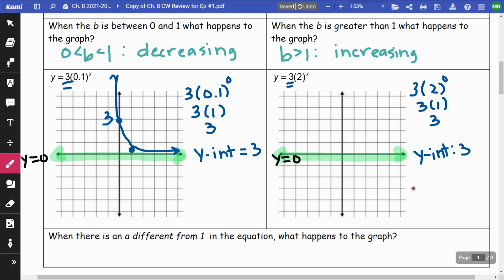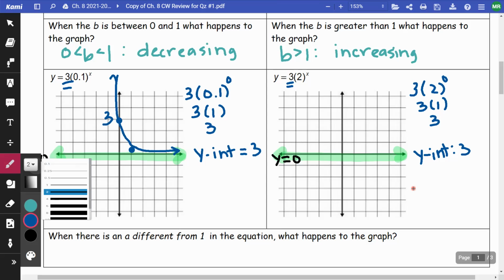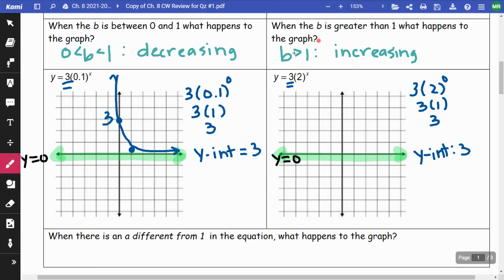On my second graph down here, this one also has a y-intercept of 3 because that is my a. So I'm going to go up 1, 2, 3. Now what's going to happen is I'm timesing by 2. So if this is up at 3, the next one's going to be twice as high, which is going to be 6. Let's just approximate it maybe to here.